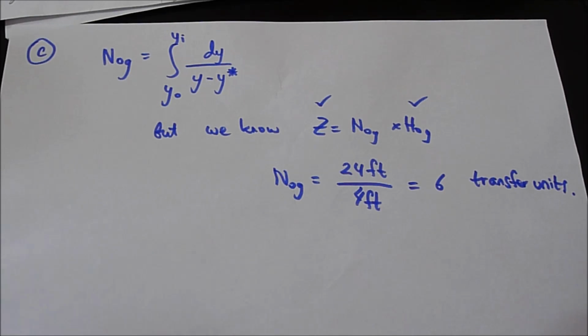The problem statement has given us that Z is equal to 24, and HOG we calculated earlier came out to be 4 feet, so 24 over 4 is equal to 6. And NOG doesn't have any units because it's how many transfer units there are. So there are 6 transfer units, and all the transfer units are 4 feet high.